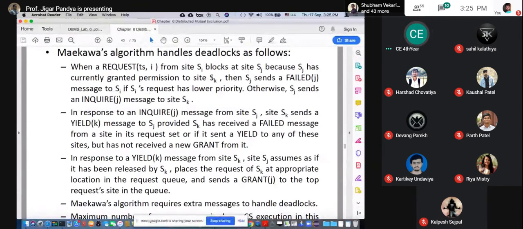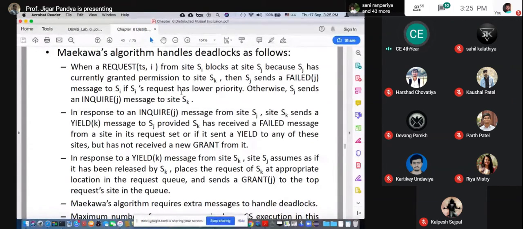At that time, Si is requesting, and if Si's priority is lower than Sk's, that means Sj learns that Sk has higher priority, so let it move on, and let me tell Si to wait. So it sends the failed message to say that Si, you requested, but your priority is lower than someone to whom I have already provided the acknowledgement.